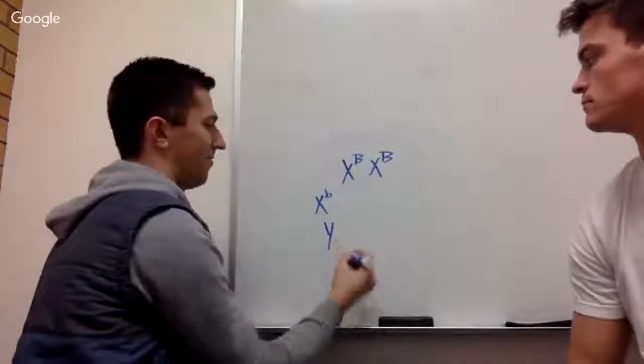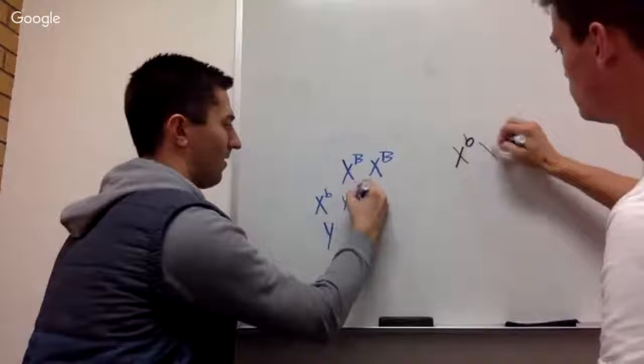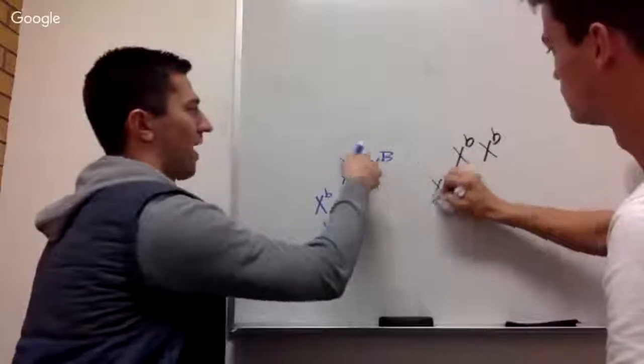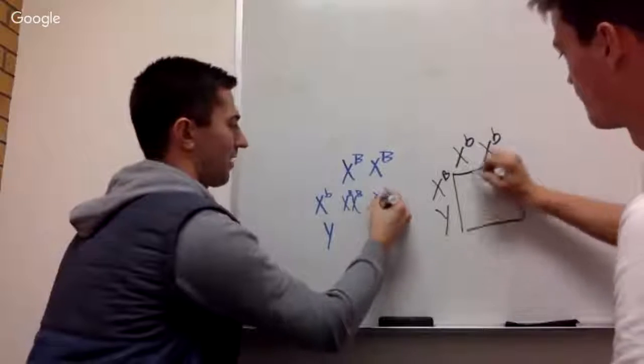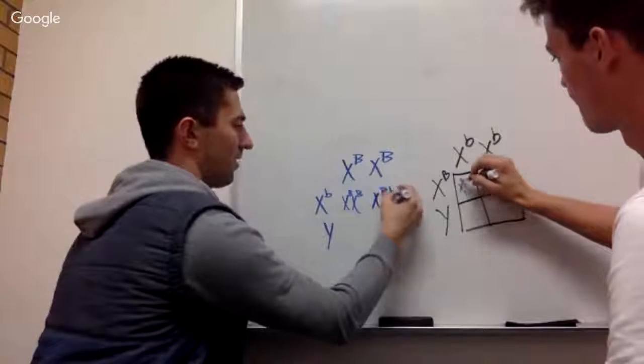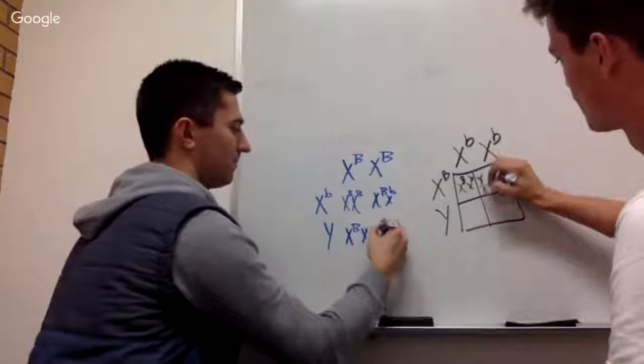So this male would have the trait, and you would get the cross. And then Jordan's going to start drawing out the other one, where you switch, where now the female has the trait and the male does not. And you check the phenotypes to see how they compare.